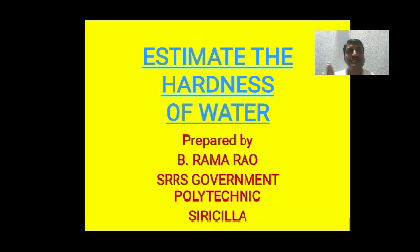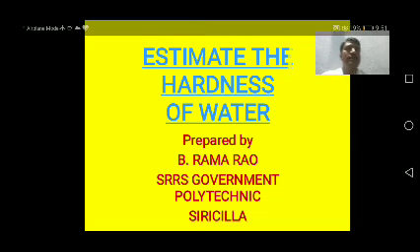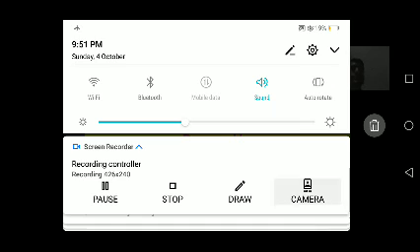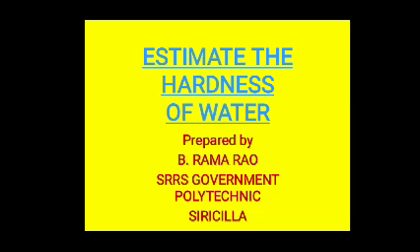Now we discuss calculation of hardness of water by using CaCO3 equivalent weight of degree of hardness of water. This is our topic today.